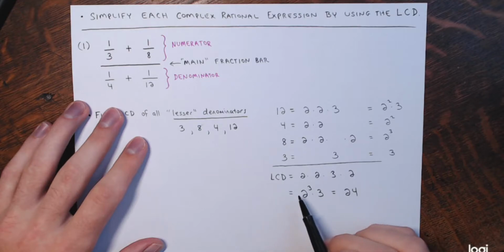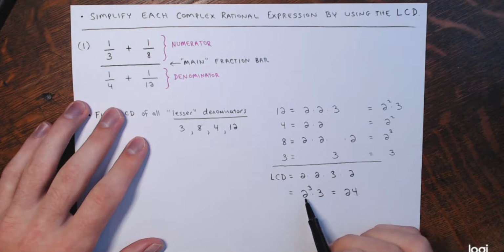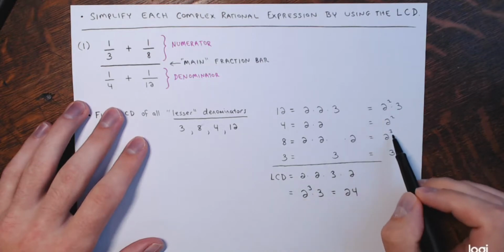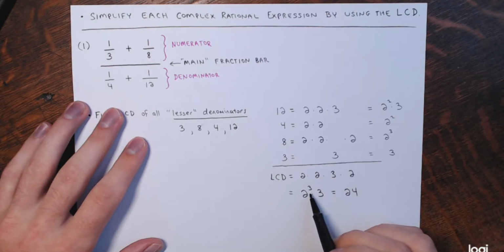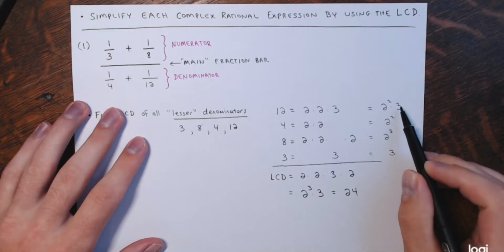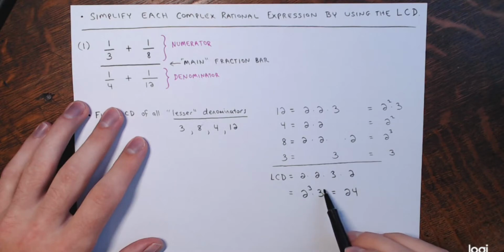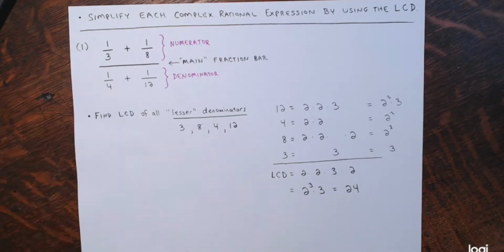So the LCD is going to have 2 to some power times 3 to some power. The highest power on any of the 2's is 2 to the third, so 2 to the third will be in the LCD. And the highest power on any of the 3's is 3 to the first in these prime factorizations, so I'll have 3 to the first in the LCD. All right, we get the LCD of 24.